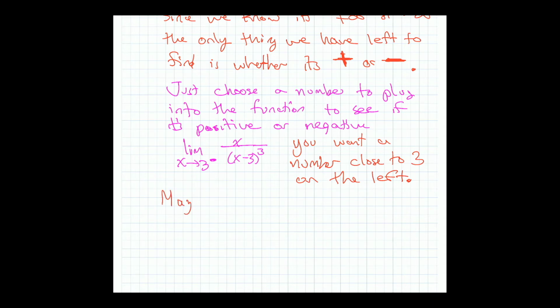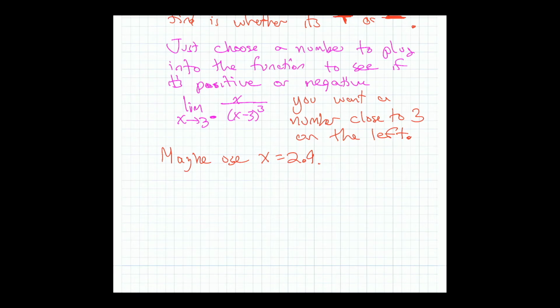Use x equals 2.9. That'll be perfectly fine. So plug that into the function. You get 2.9 over (2.9 minus 3) to the 3, which is 2.9 over negative 0.1 to the 3, which is something.